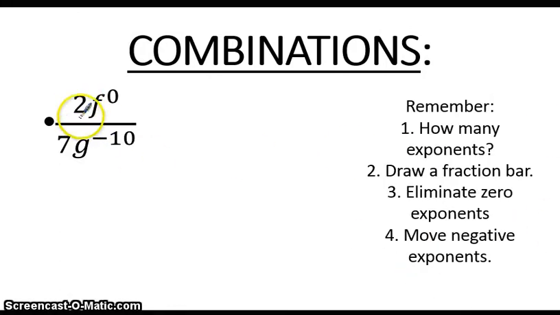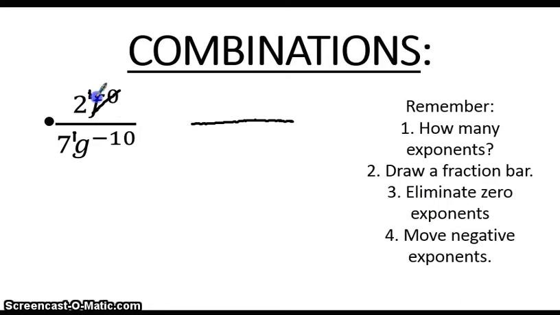Let's try 2f to the 0 over 7g to the negative 10. Now, think about how many exponents we have. We actually have 4. 2 has an exponent of 1, f has an exponent of 0, 7 has an exponent of 1, g has an exponent of negative 10. We will next draw our fraction bar to help us distinguish the numerator from the denominator and eliminate any 0 exponents.